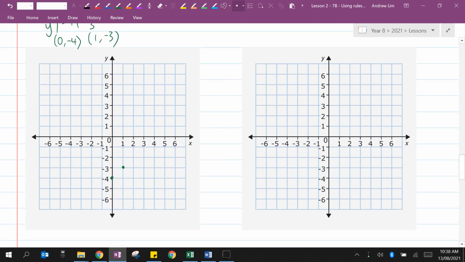Now I can actually use my ruler and I can draw a straight line. I know it's going to go like that. Oops. Let's fix that bit. Right there. Draw my arrows and let's label it. y is equal to x minus 4.